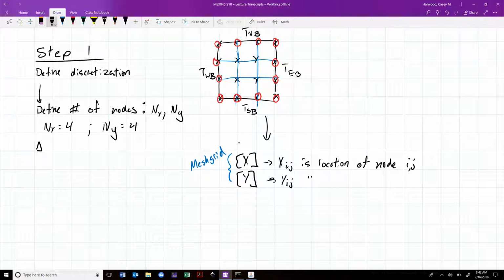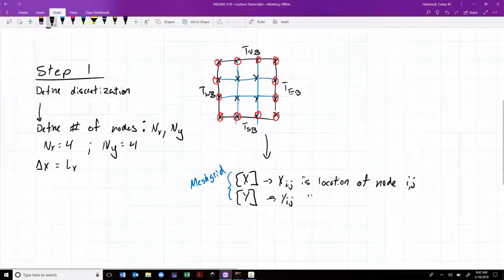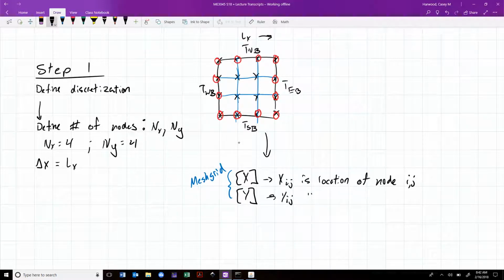So then we can define delta x equal to Lx, the width of this whole thing in the x direction, divided by nx minus 1, and delta y is equal to Ly divided by ny minus 1.